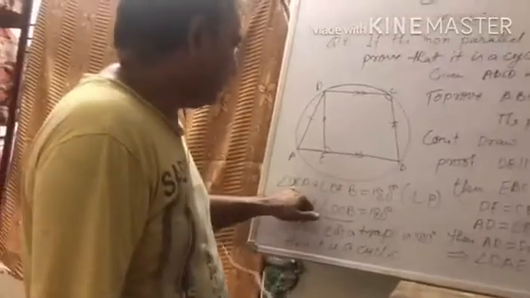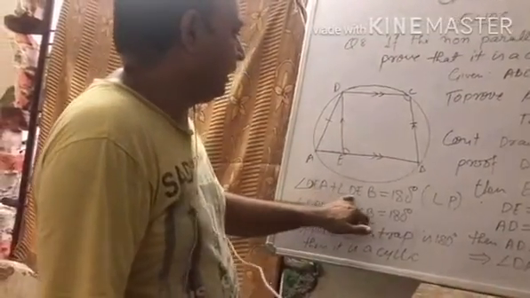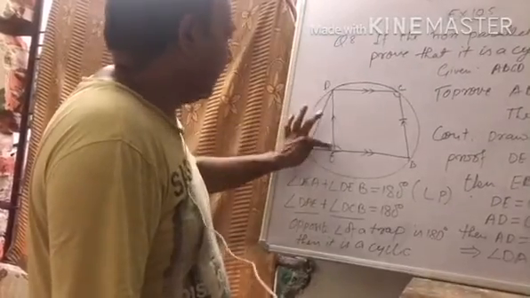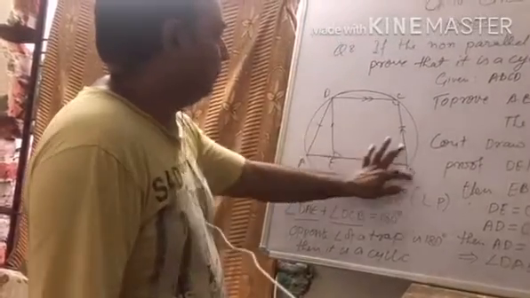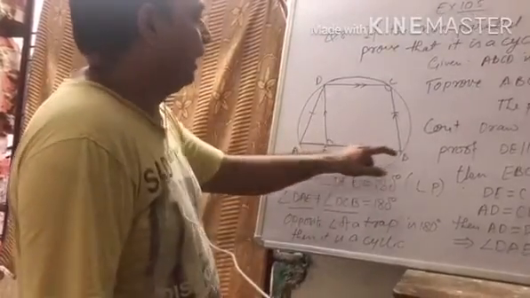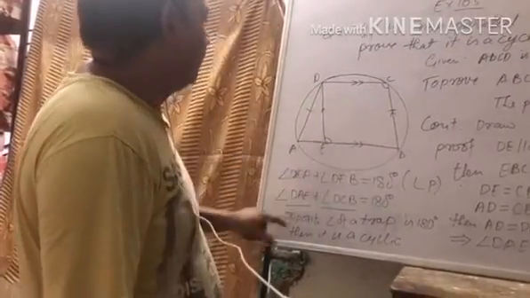Then angle DEA plus angle DEB is equal to 180 degrees, as AEB is a straight line.